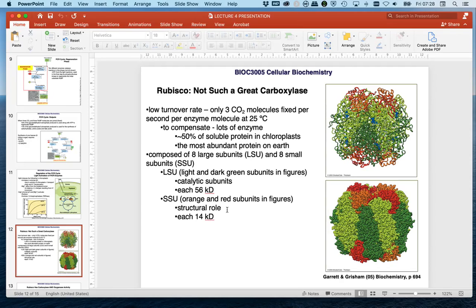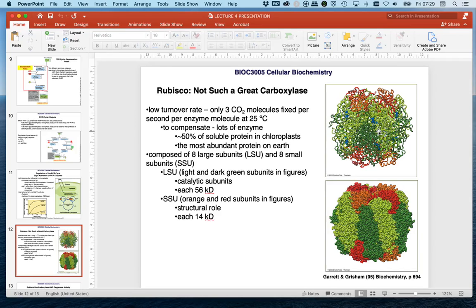As an enzyme, it's composed of 8 large subunits and 8 small subunits. The large subunits are illustrated in the diagrams on the right-hand side of the slide in the green color, both the light and the dark green, so 8 large subunits. And that's where the catalysis happens. That's where CO2 is fixed to RuBP.